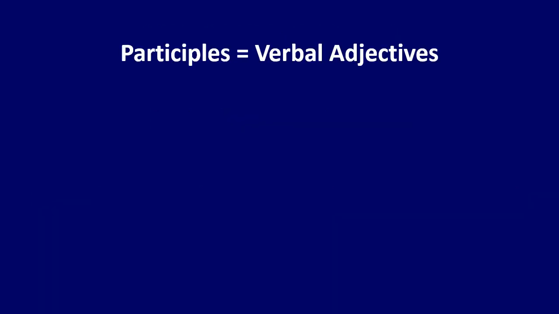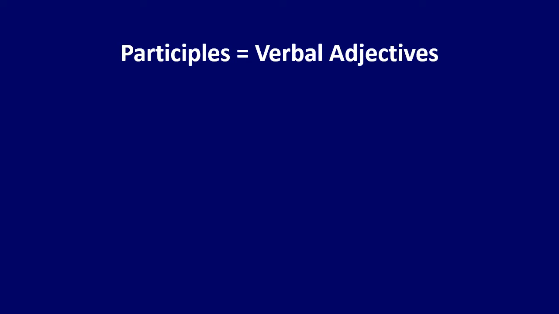You will recall when it comes to our study of participles that we learned they were verbal adjectives, in the sense that they are verbal because they're based on a verb or verb concept, like run, hit, forgive, or sleep.